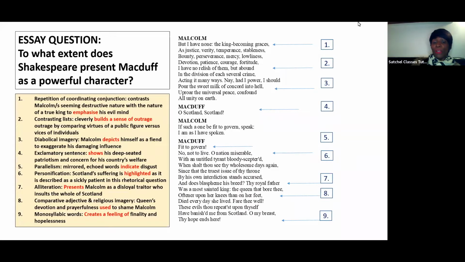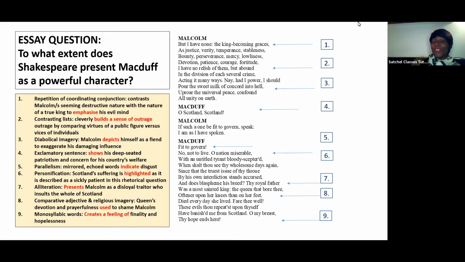Thy royal father was a most sainted king. The queen that bore thee, oftener upon her knees than on her feet, died every day she lived. Fare thee well. These evils thou repeatest upon thyself have banished me from Scotland. Oh, my breast, my hope ends here."